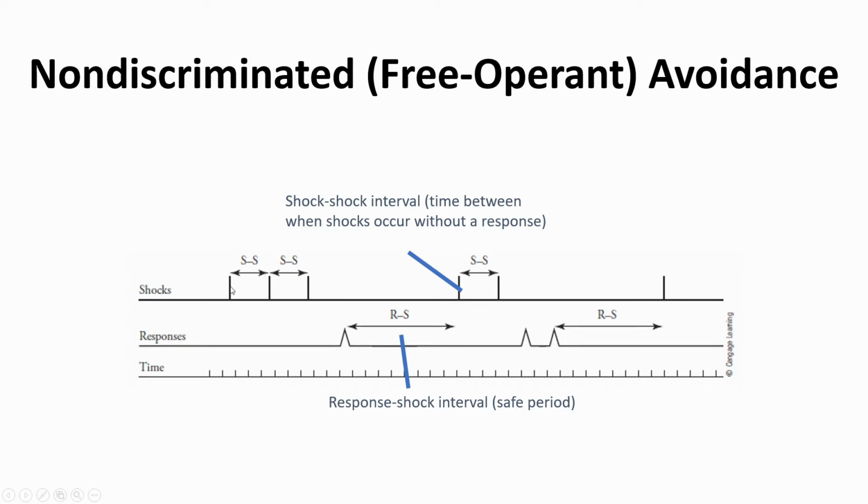So we had a shock delivered here and here and here, but before another shock could be delivered, this response was made, which cancels the next delivery of shock. And then we have that period during which there is no shock delivered because you made that response. After that RS interval has ended, then we go back to our normal delivery of shocks.